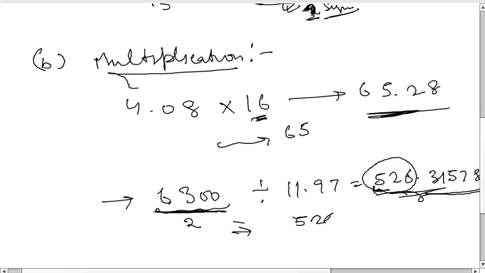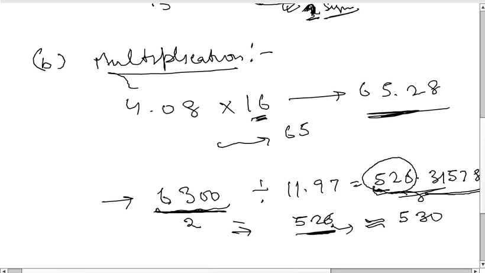Just hear me out, because I'll tell you after this. So if it is 526, this is not fair also, because we have only two significant digits. Now you can see this 6 is greater than 5, so I can reduce it to 530.